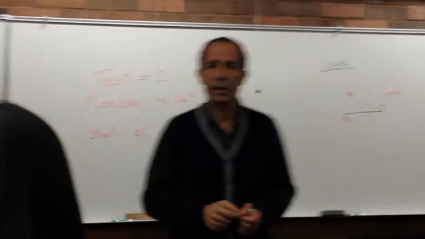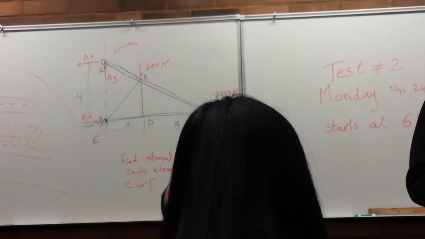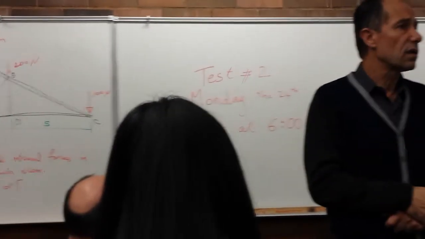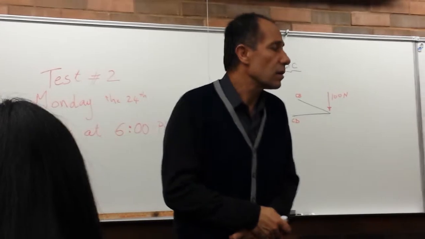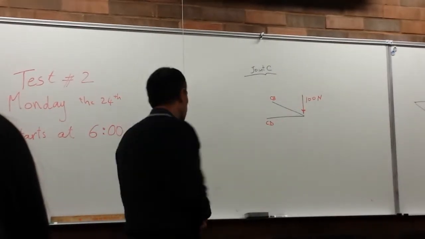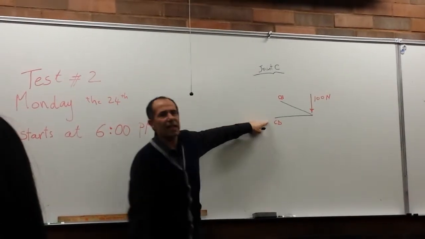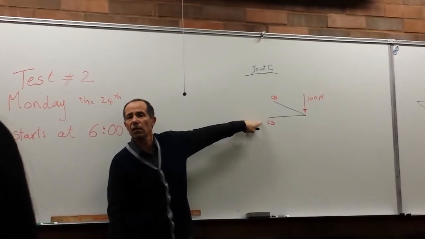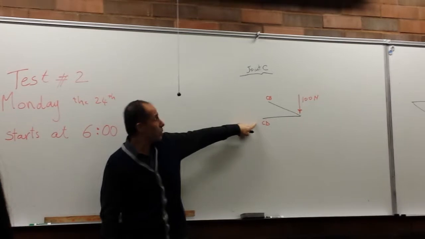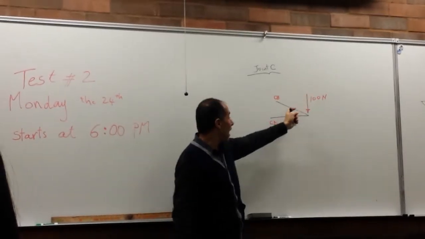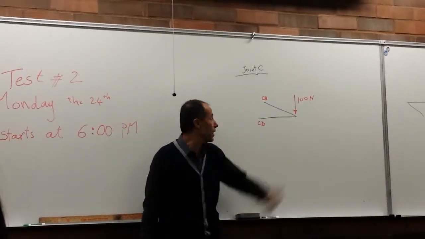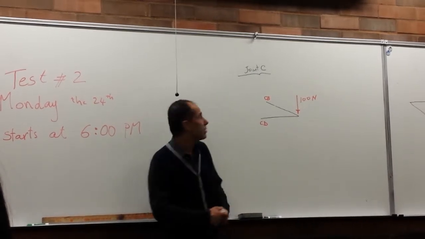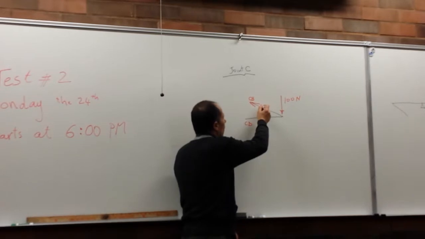Again, we need to assign direction for these forces. We don't know whether this is tension or compression, correct? So look at this. This element CD has only horizontal force. Agree? In order to be in equilibrium, I should have from CB something to make equilibrium with that force. Agree? So it should be in this way.